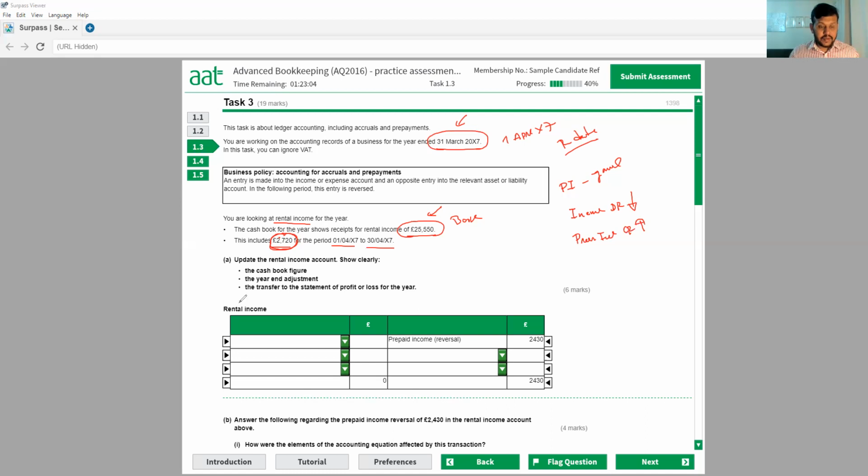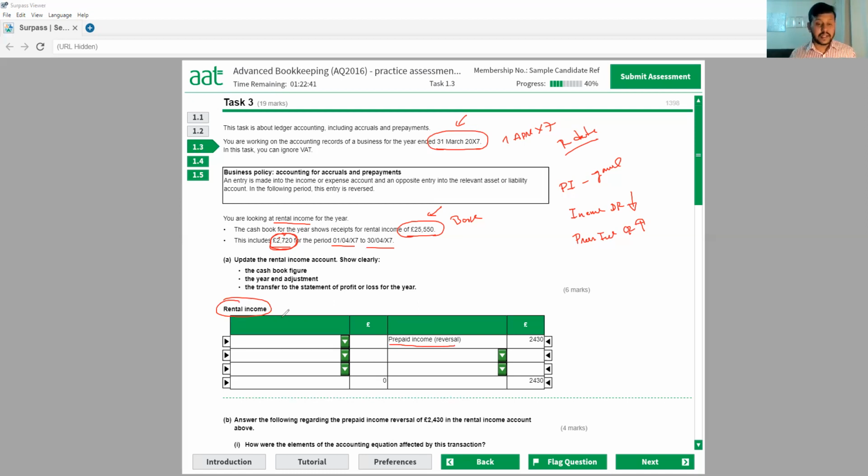Okay, so now I have to make the ledger account, the T account. They're saying we already have one prepaid income reversal from last year, 2,430. That was prepaid last year, and this year it becomes a reversal. So that's fine. Now we need to record this one for 2,720. Prepaid income, obviously, on the rental income account is a debit.